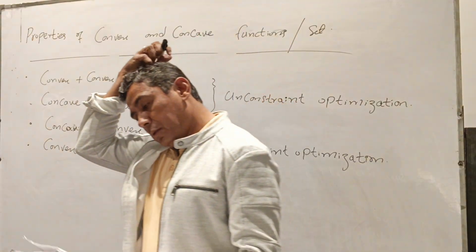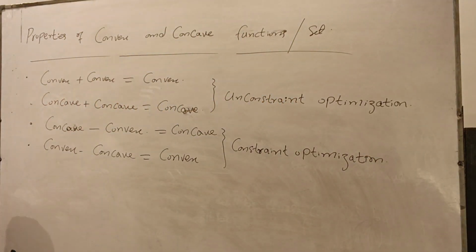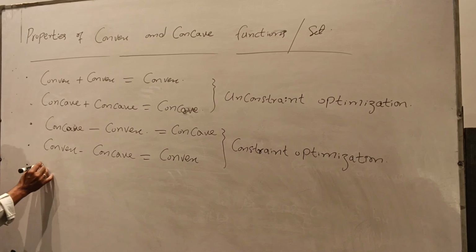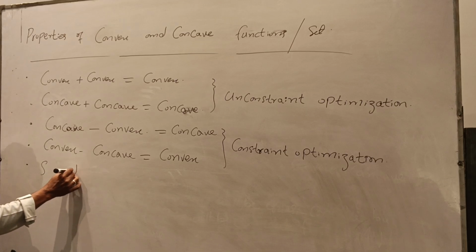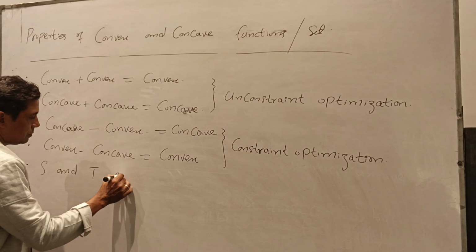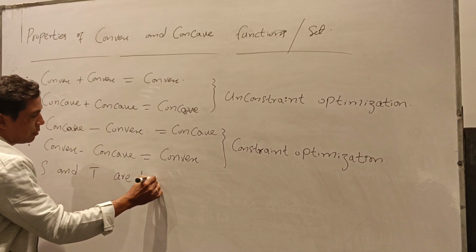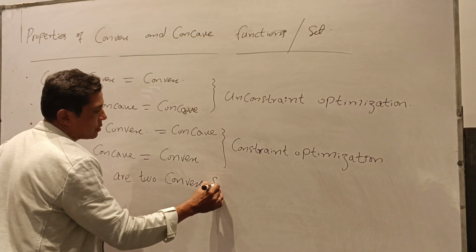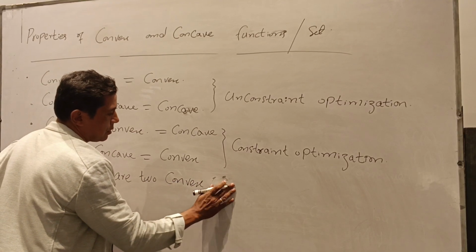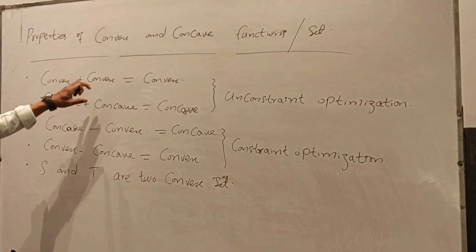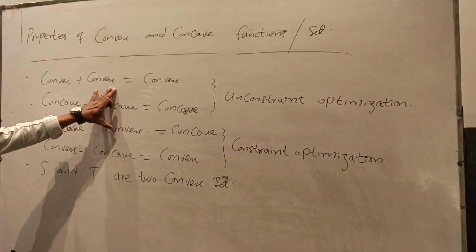अब now further properties that S and T are two convex sets. ठीक है, these were related to the functions.